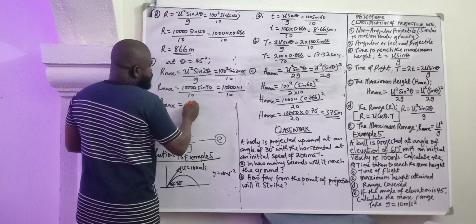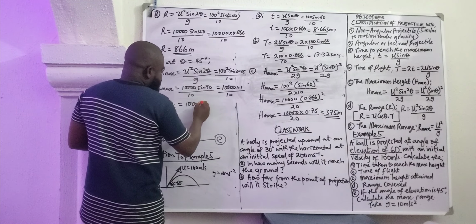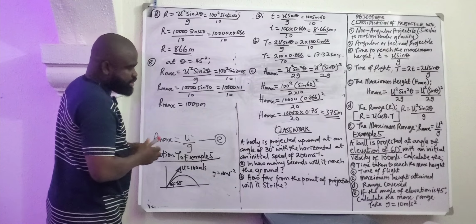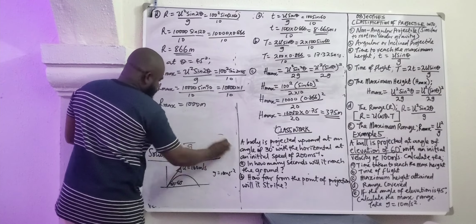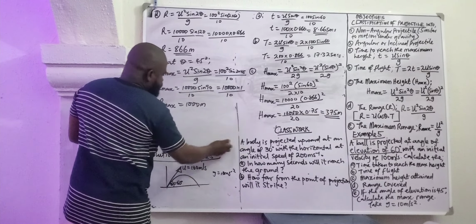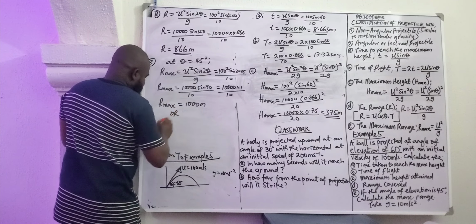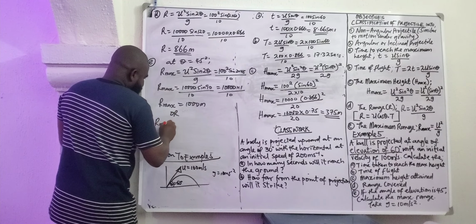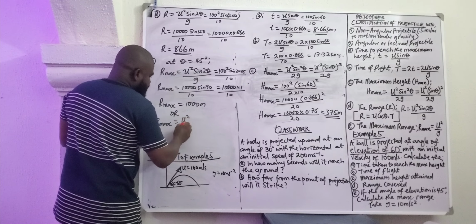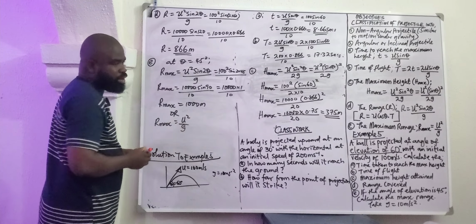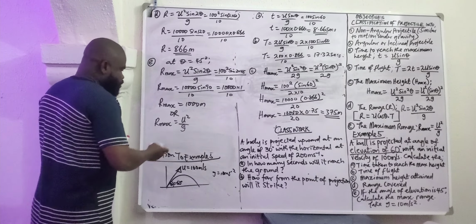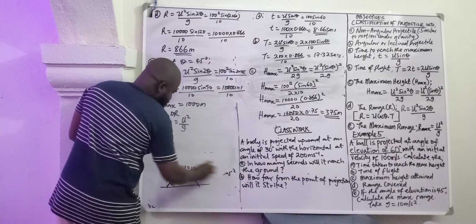Or you simply quote directly that maximum range is u squared over g. That will also be acceptable by the examiner. You say, maximum range is u squared over g. Quoting this formula already assumed that the angle is what? 45 degrees.